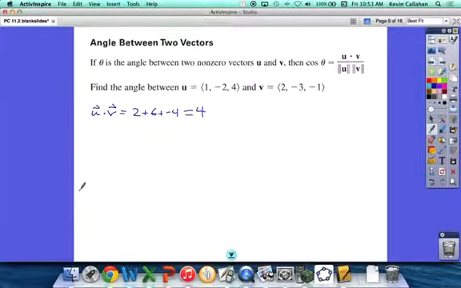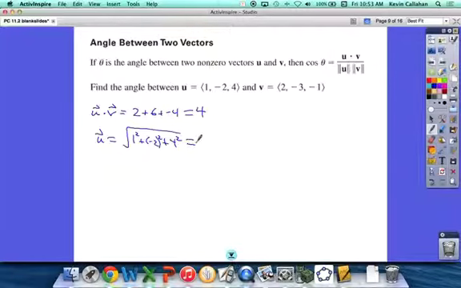The magnitude of U. How do I do that? 1 squared plus negative 2 squared plus 4 squared, which is what, 1 plus 4 plus 16, 21.